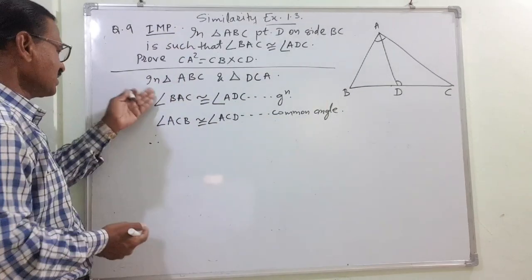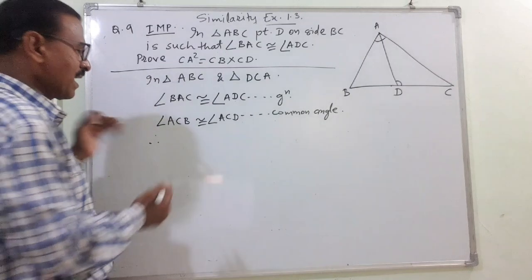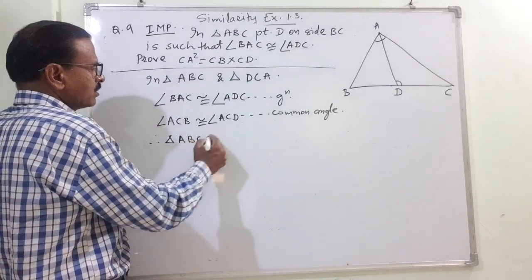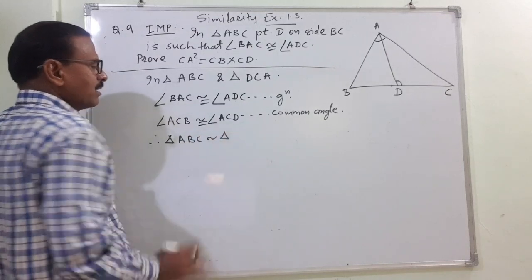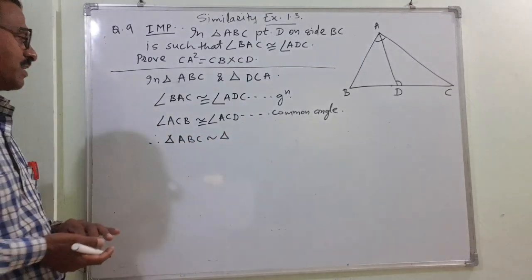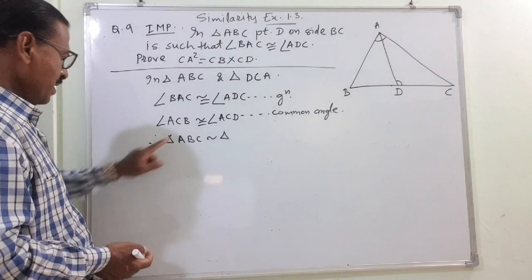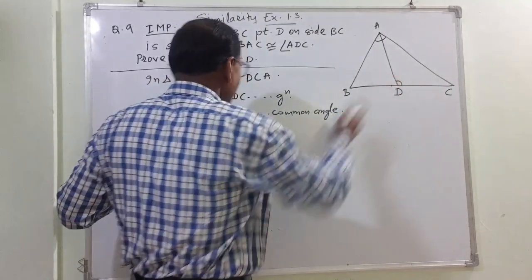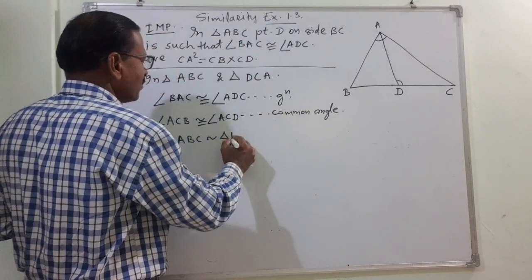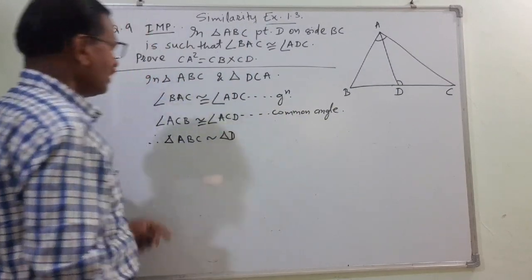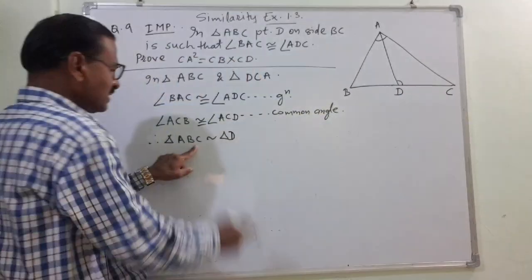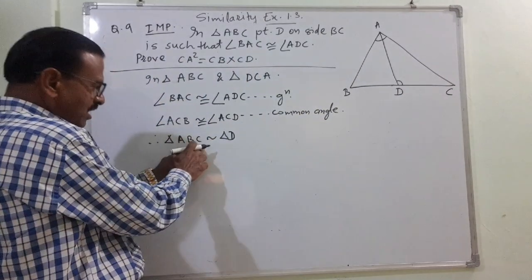Therefore, triangle ABC similar triangle. Now I have to maintain the sequence. A of this bigger triangle is equal to D of this smaller triangle. So from D I will start. Then bigger triangle's C and smaller triangle's C. This is in the third position.